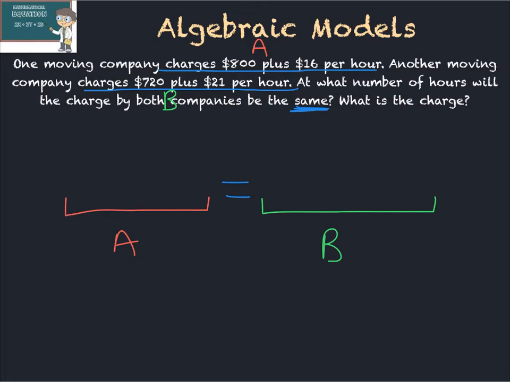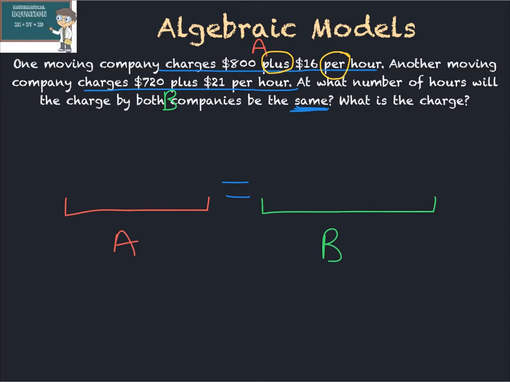So with moving company A, if we look back at our problem, it says moving company A charges $800 plus $16 per hour. Let me do this in yellow. So $800 plus, that means addition.